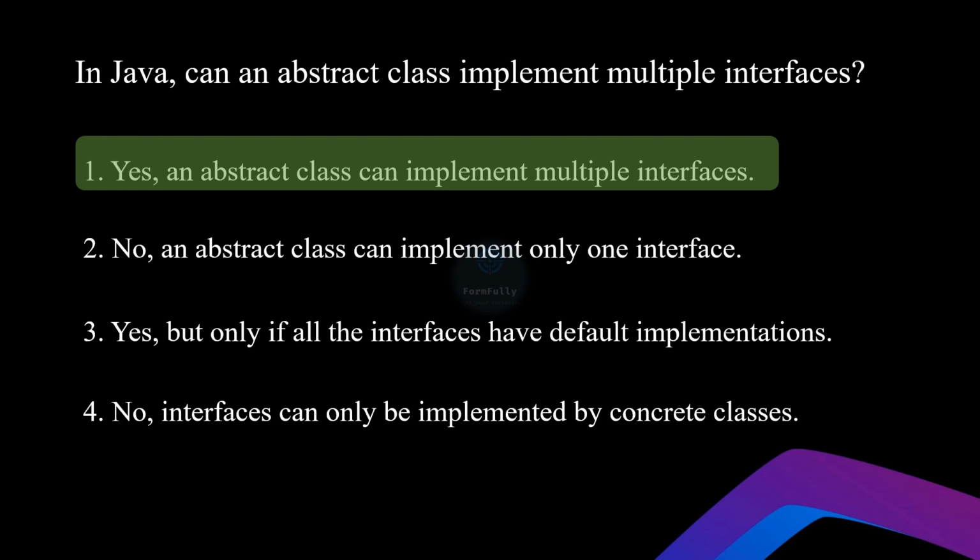This allows the abstract class to provide concrete implementations for methods defined in the interfaces. Option 2 is incorrect, as an abstract class can implement multiple interfaces. Option 3 is incorrect because it's not dependent on whether the interfaces have default implementation or not. Option 4 is incorrect because interfaces can be implemented by both concrete and abstract classes. So option 1 is correct.